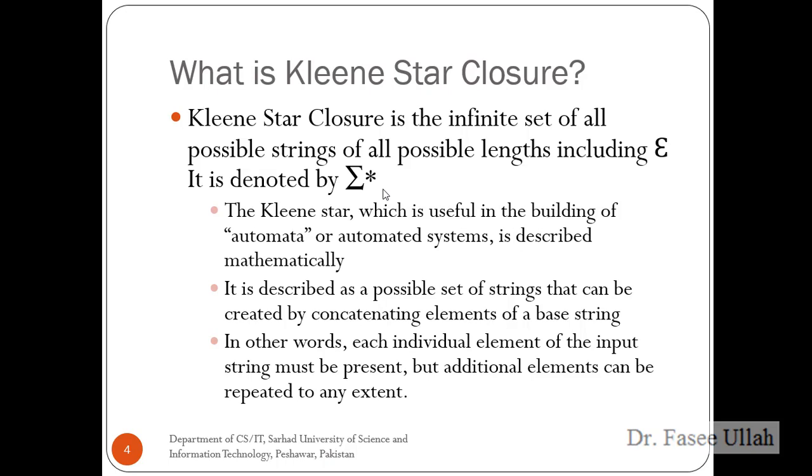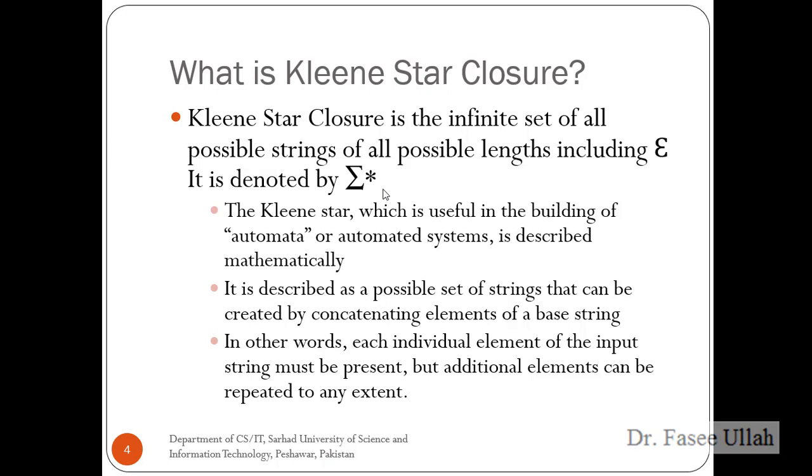Then we have some basic rules or basic elements of why we use the Kleene star. The Kleene star is very helpful in designing and building automata or Turing machines, right? It involves some basic mathematical symbols.